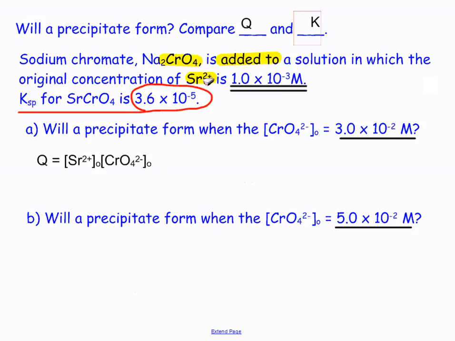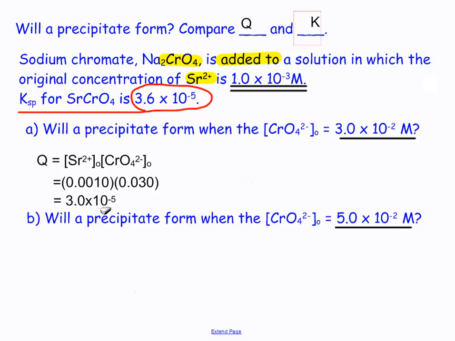And my initial strontium is 1 times 10 to the negative third, and my initial chromate is 3 times 10 to the negative second. So because it's a fairly simple equilibrium expression, all I have to do is multiply, and I end up with 3 times 10 to the negative fifth.